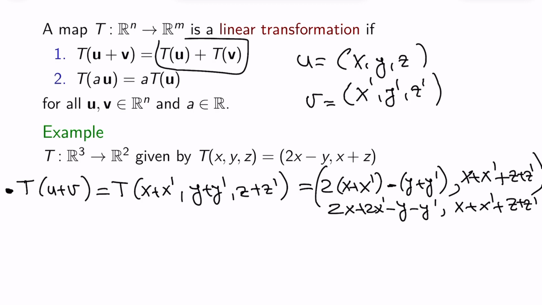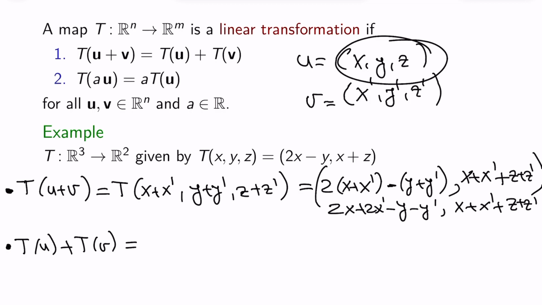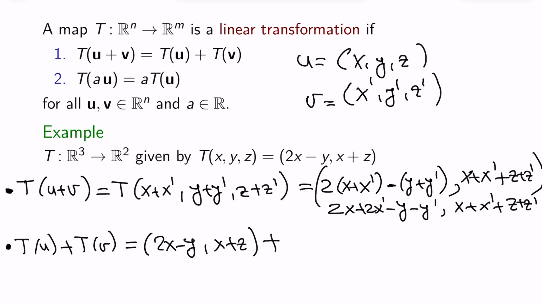Now let's see how much this is in order to check if they are equal or not. That means that we have to do T of u and separately T of v and then add them. Well, T of u is T applied here. So this is simple, 2x minus y, x plus z, plus T applied at v, so that will be 2x prime minus y prime, comma, x prime plus z prime.